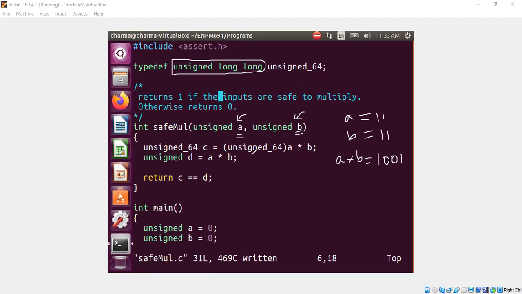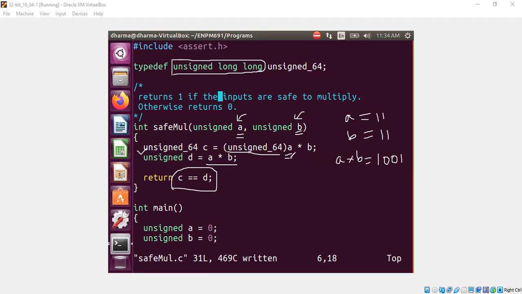So what I'm doing first is I take A and cast it into a 64-bit number, so the resulting product will be a 64-bit number here. I'm also doing the multiplication without the conversion to 64-bit, and I'm checking whether these two are equal.